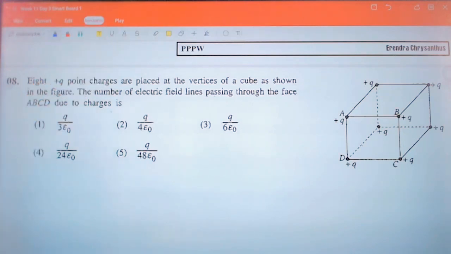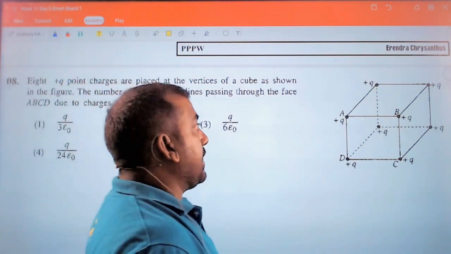8 plus Q charges are placed. Now, can you remember? I hope you remember last time the work we did.